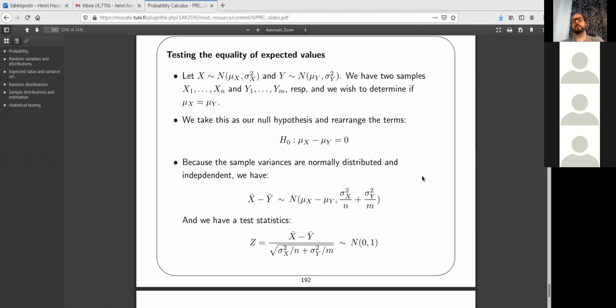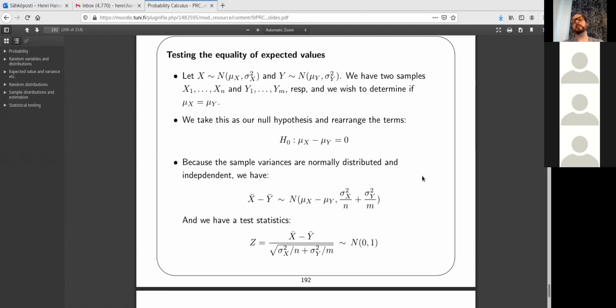The nature of the normal distribution allows us to conclude that x bar minus y bar should be normally distributed with the expected value of mu x minus mu y, and variance of sigma x squared over n plus sigma y squared over m, where n and m are the sample sizes respectively.